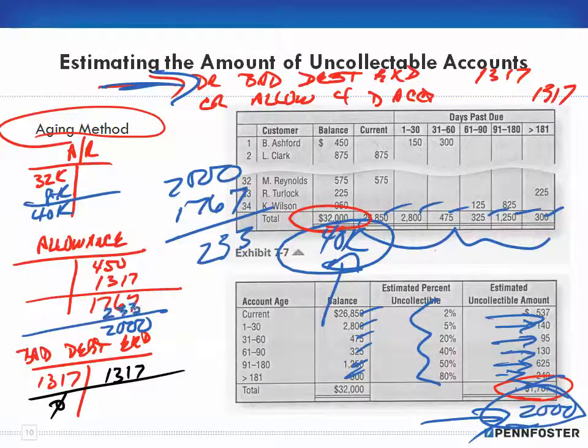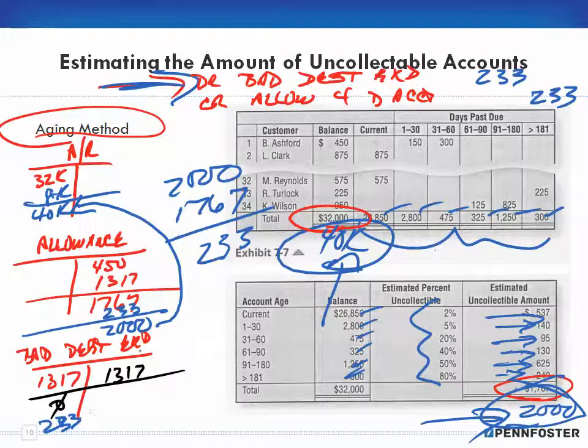So your journal entry is going to be for $233, because remember, you want the balance in your allowance to be in line with whatever your accounts receivable is. And so when I make that journal entry, now I have a new bad debt of $233, and my allowance is now up to 2,000.